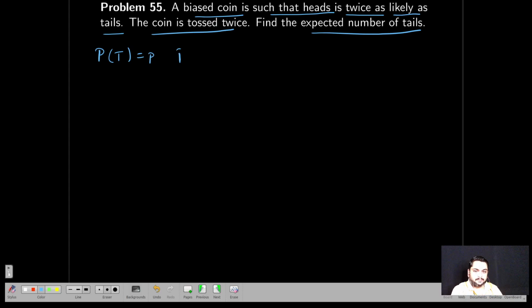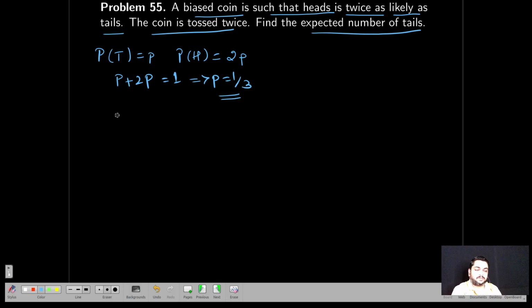Now, what is the probability of head? Probability of head is twice as likely as tail, so 2 times p. Now we already know the sum of total probability should be equal to 1. So this implies p is equal to 1 by 3. The same problem I think you have solved once.